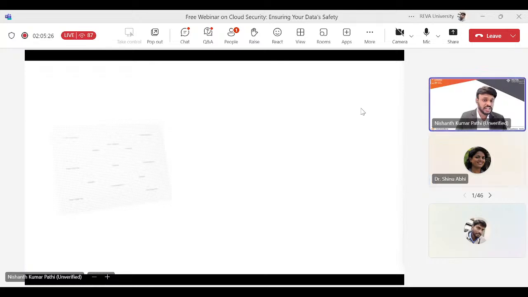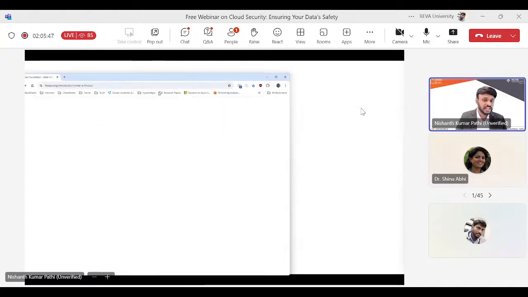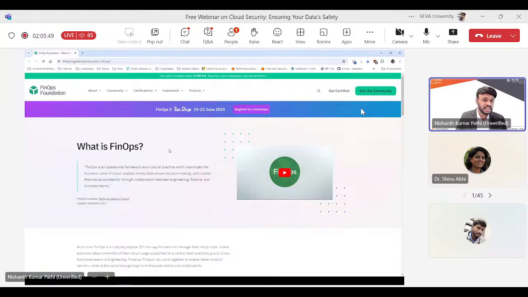See, there is no one shoe that fits everyone. Let me tell you the background. Let me take a very simple example. Let's say you are a finance and accounting person. Can I make a career in cloud? Simple question. Yes, you can make a career in cloud by using a concept called FinOps.